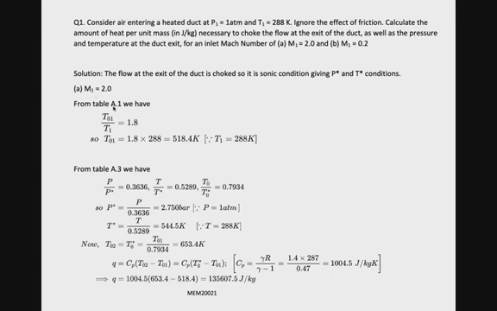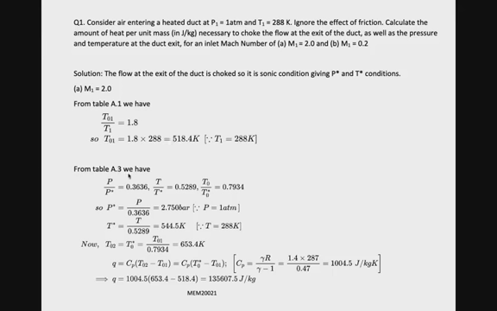From table A1 we have stagnation temperature at point 1 by T1 is equal to 1.8, which gives stagnation temperature at 1 equal to 1.8 times 288, where 288 is the given temperature at point 1, which is equal to 518.4 Kelvin.